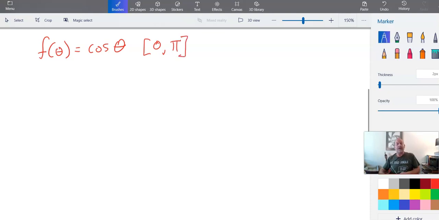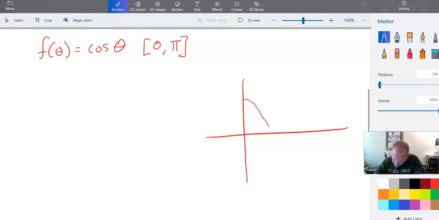There we go. Okay. Now, if we think about what this looks like, right, the cosine curve goes down this way. Let me see if I can get a better angle on this thing. One more try.